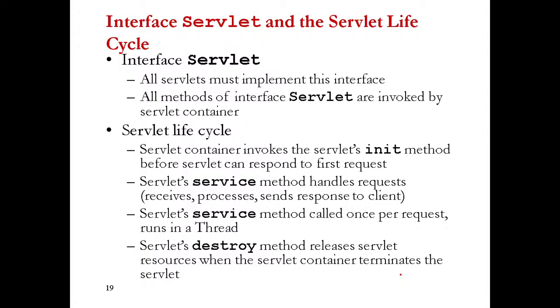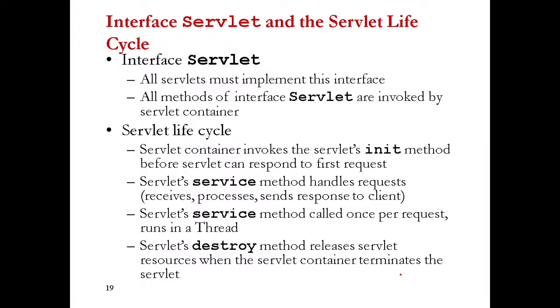So a servlet also has the init method to initialize it into memory. The servlet container invokes the servlet's init method before the servlet can respond to the first request. So whatever request we get onto the servlet, it first calls the init method, which is for initializing all the information.